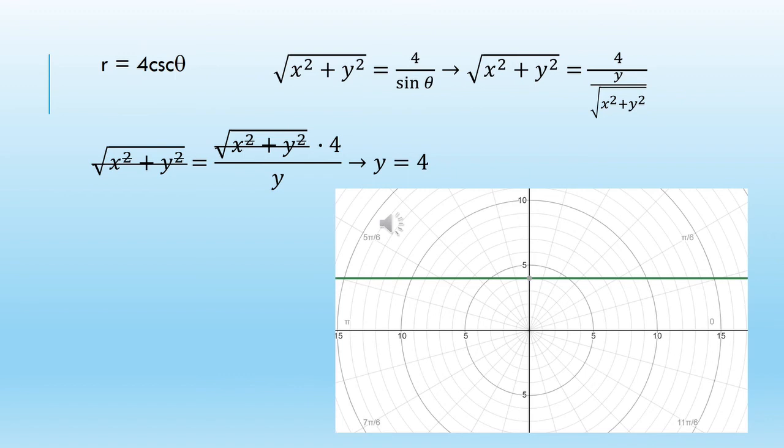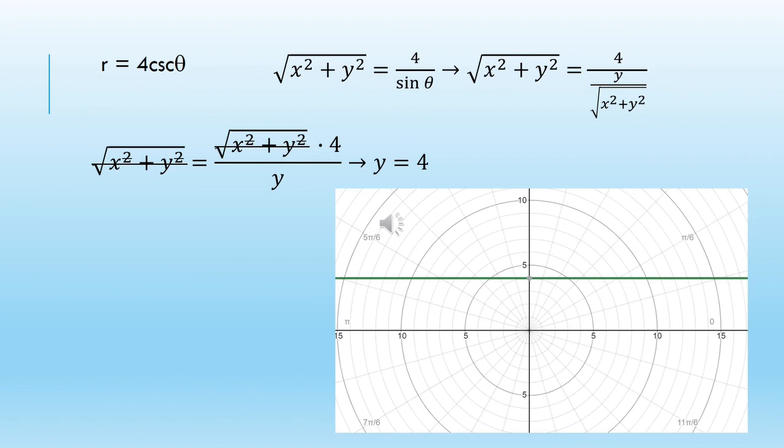dividing by anything is the same as multiplying by its reciprocal, so I flip the y over the square root of x squared plus y squared around, and I then get the square root of x squared plus y squared equals the square root of x squared plus y squared times 4 over y. I could divide both sides now by the square root of x squared plus y squared, and they cancel out.